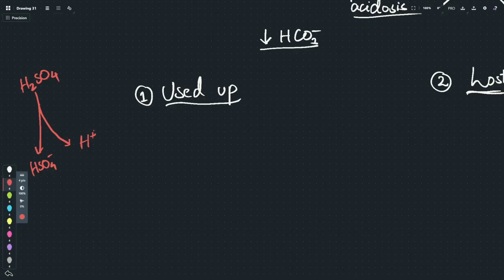Now this H positive is the actual culprit in causing the acidosis. So our beloved alkali reserve, the bicarbonate ion, which is the acid-fighting soldier, will quickly take action and fight with this.